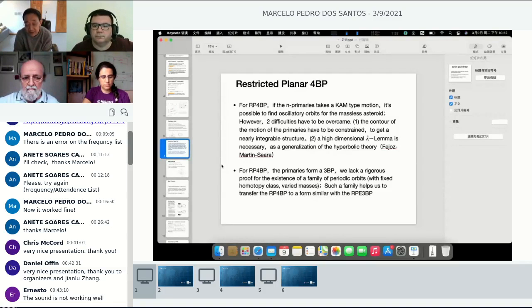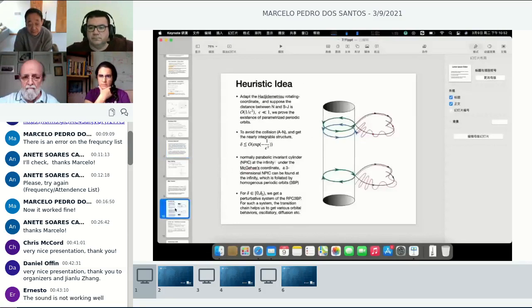Yes, but actually the reason why we consider only the four-body problem and we consider the periodic motion of the primary is that the cylinder here is homogeneous and it consists of the same periodic orbit.